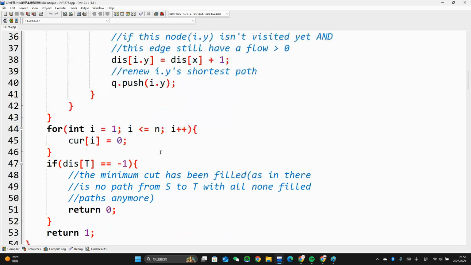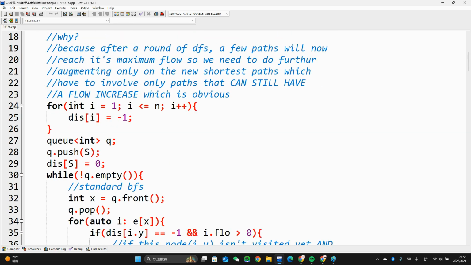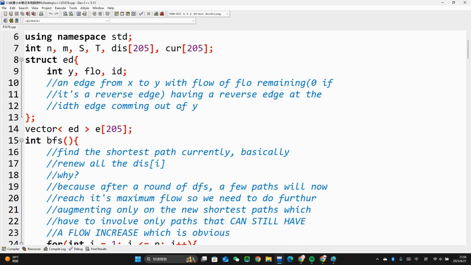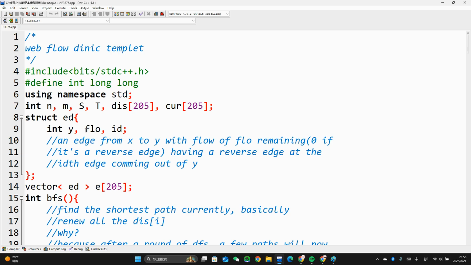So BFS is just like any other BFS, except we add one more constraint in which an edge can only be used if the flow is still greater than 0. So I.flow, so I made a struct and it's an edge, and obviously it has a flow, it has an ID, which is a reverse edge, and then it has a destination, just like any other vector stored edge.